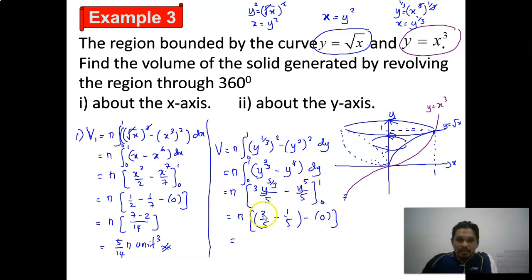So 3 minus 1 over 5, which is 2 over 5 pi unit cube.